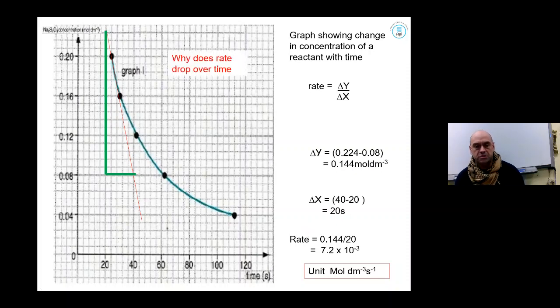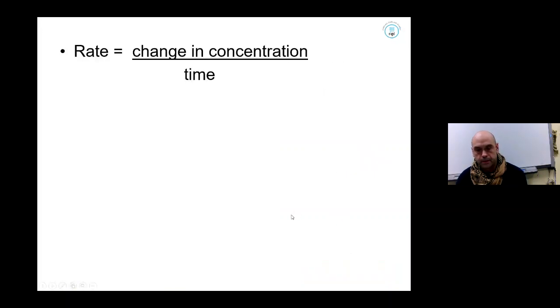So that brings us to the question, why do our lines curve? Well, the reason our lines curve is because of collision theory. Just by the way, I've put a little thing here: what is rate?